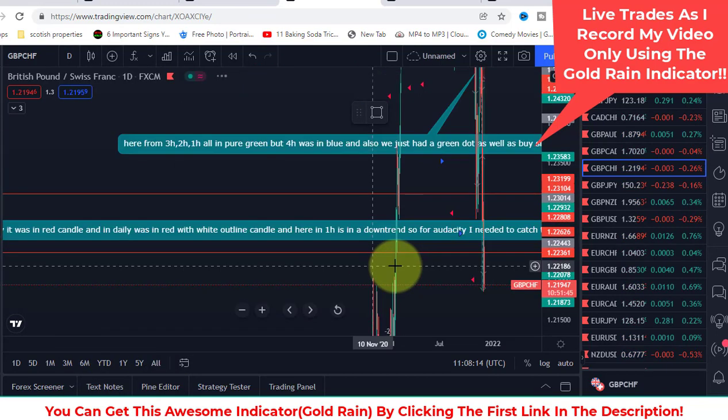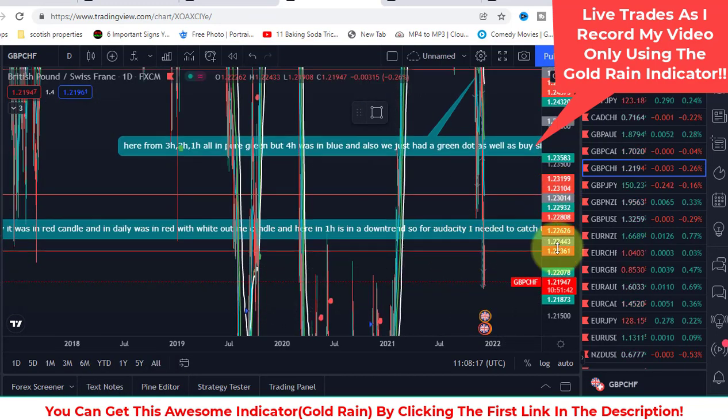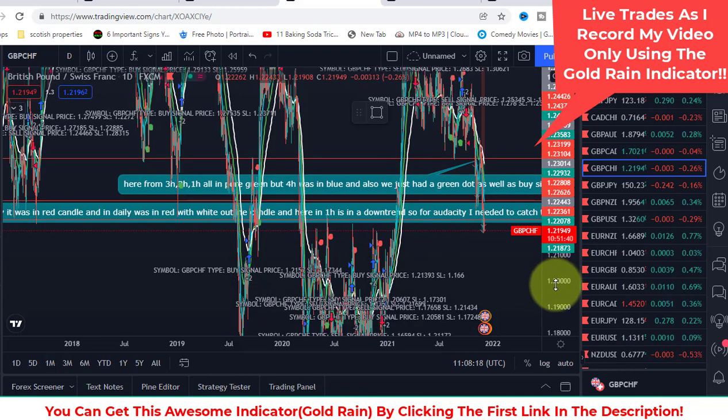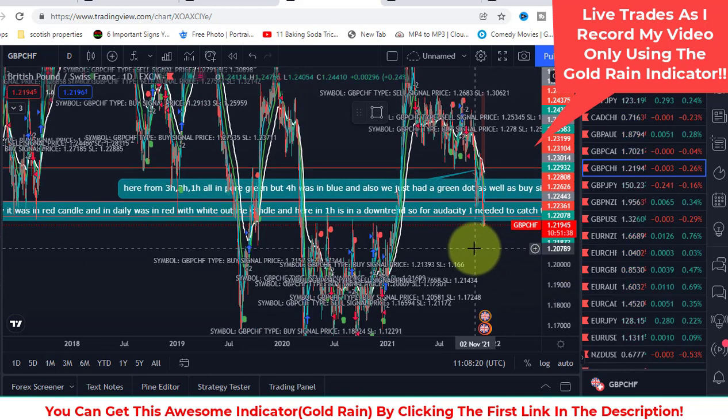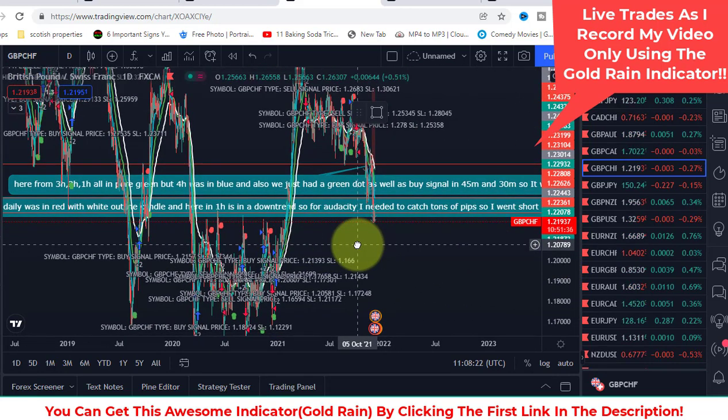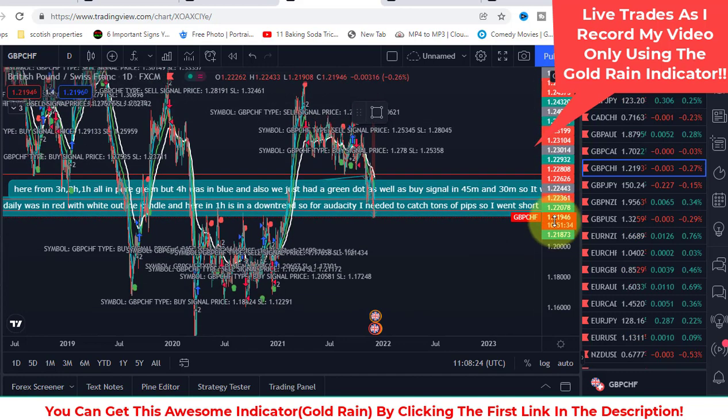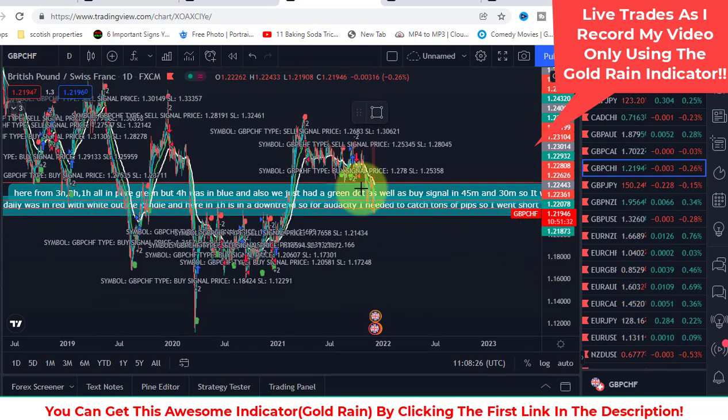If I go to daily, let's see what we have. Well, I'm just going to leave it going because I can see the potential price point it can reach. I'm just going to leave it and see what will happen next week.